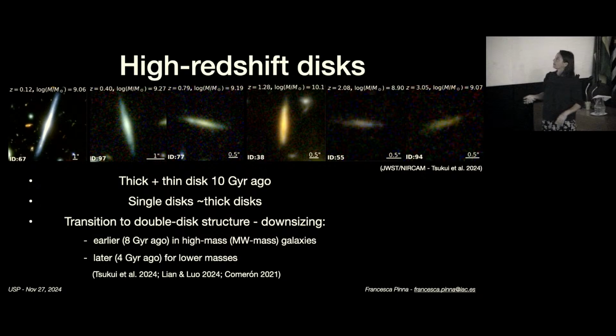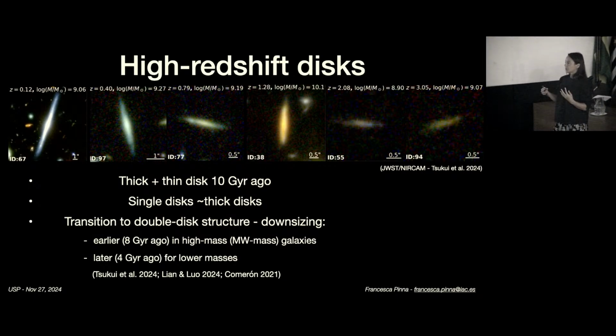And when we go to high-redshift galaxies, we see actually that at high redshift most of the galaxies show a single disk structure. So the profiles are fitted best with one disk only. Most of the galaxies are single disks with morphological properties that are more similar to the thick disks in the galaxies with a double disk structure.